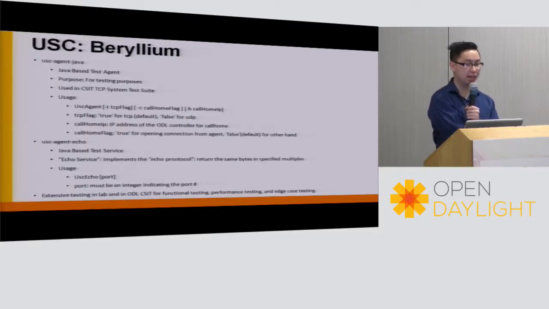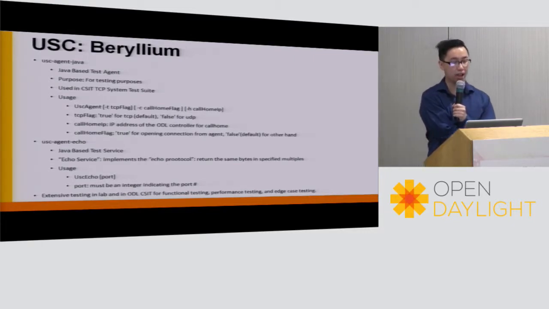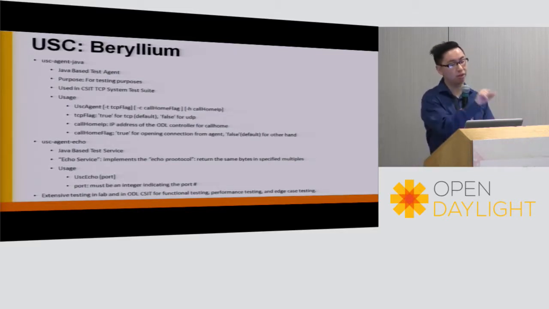We also provided another test service called USC Agent Echo. So, going back to our deployment, you have the agent on the device, but the device may support multiple services like a Netconf service or SNMP service.